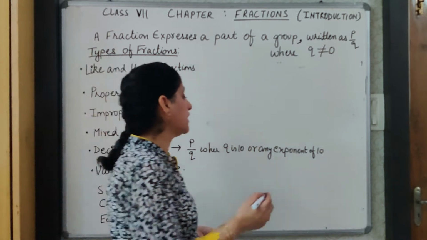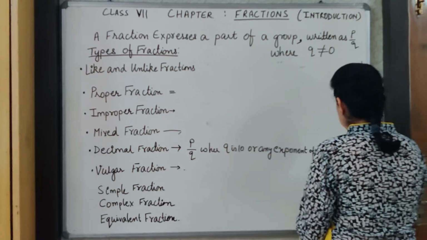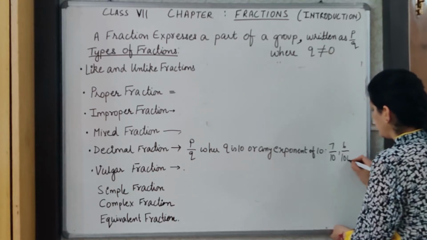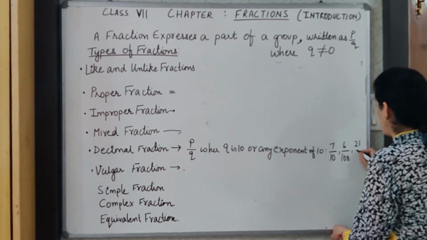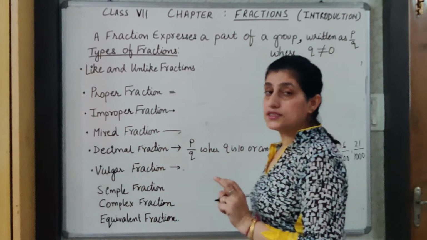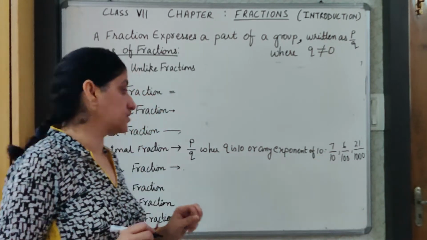So the denominator has to be like 7 upon 10, say 6 upon 100, say 21 upon 1000, and the like. Such numbers are called decimal fractions.